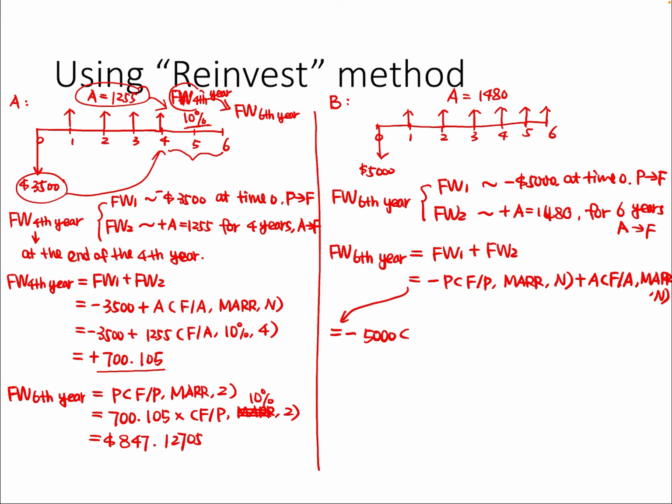So it is negative 5,000 F slash P 10%, 6 plus 1480, that's the annuity, times F slash A 10% and 6. So if you check these factors and do the calculation, your final results will be positive 2561.